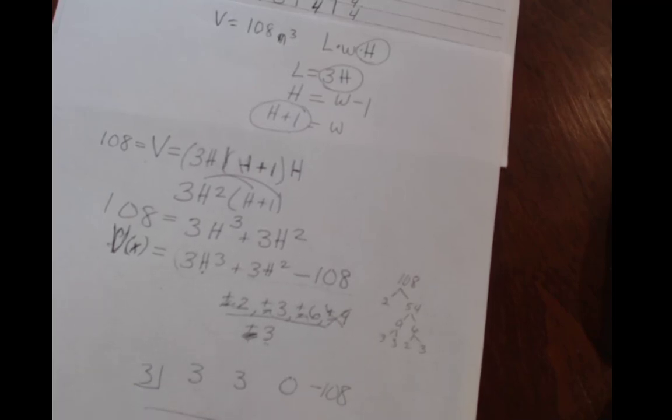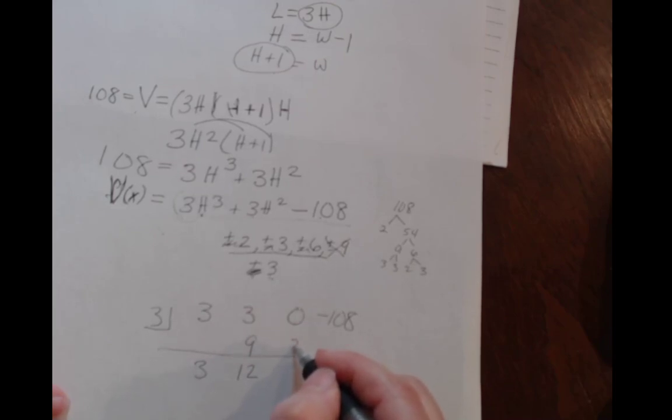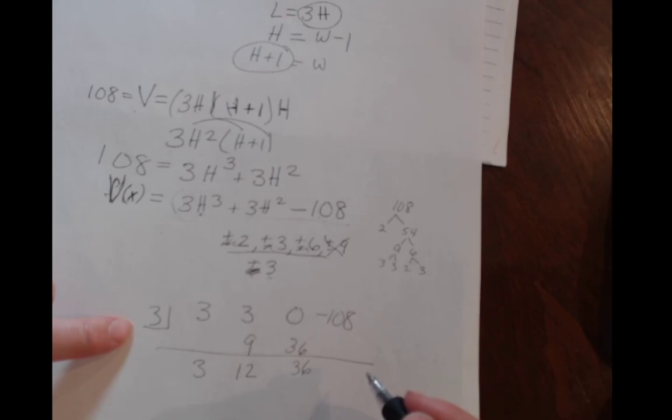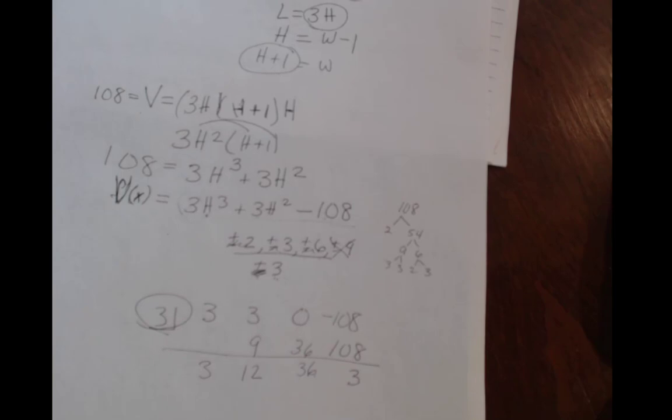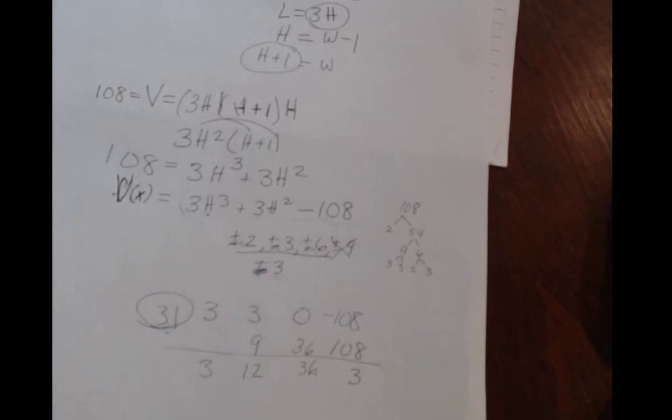Drop the 3. 3 times 3 is 9. Add. 9 plus 3 is 12. 36. 36 times 3. That's got to be close to 108. 90 plus 18, that is 108. 3 did work. So 3 is our solution. We were able to narrow down to that pretty quick. So the height is 3.